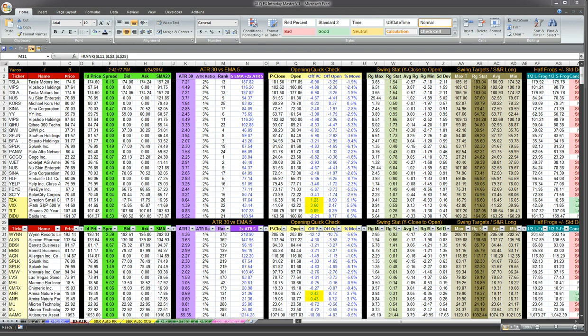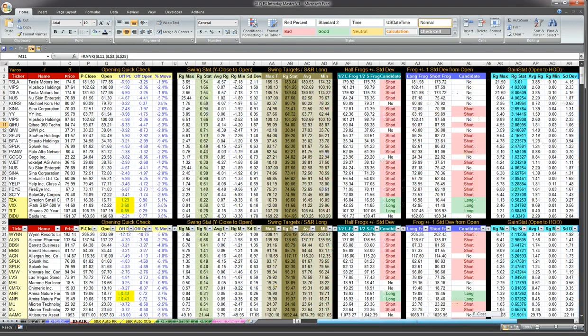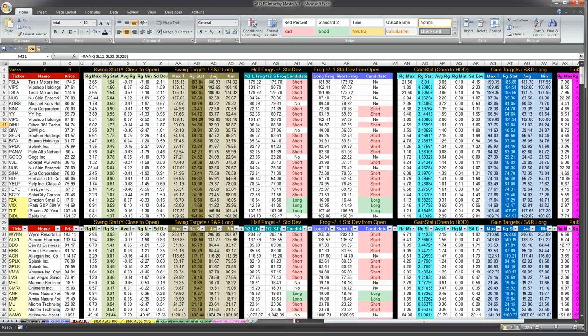The next group, the little brown or beige group, is the swing stat. What I've done is I have calculated 30 days, the difference for 30 days between yesterday's close and today's open to get this range. My thought process was if I'm going to hold a trade overnight, I'd like to know on average, at least for the last 30 days, what does it tend to do?